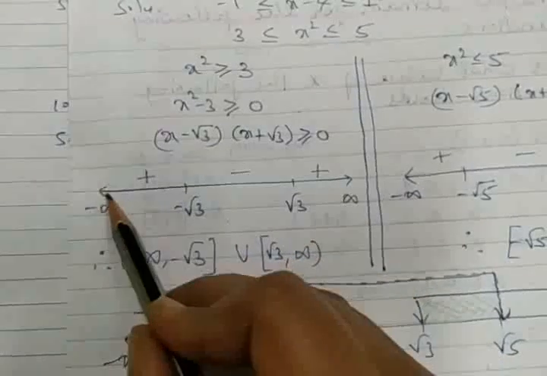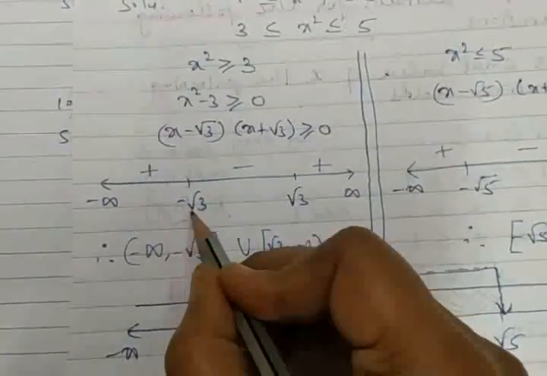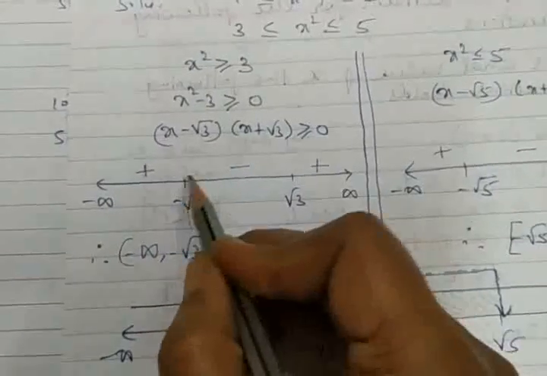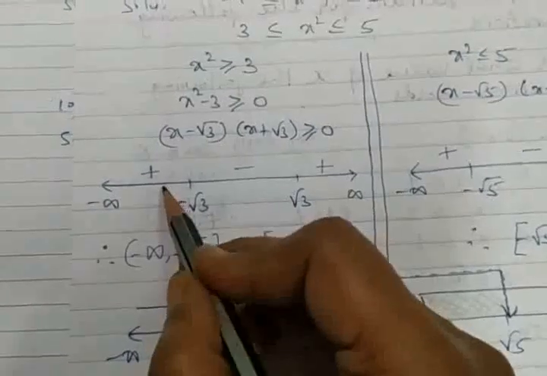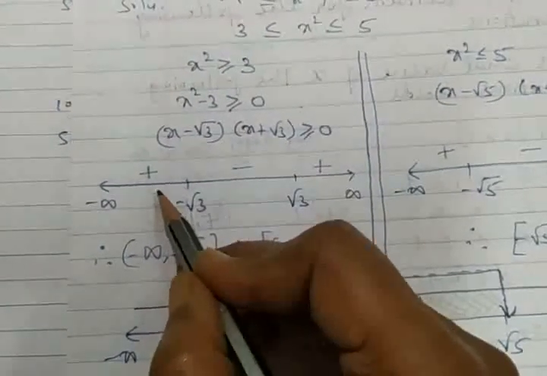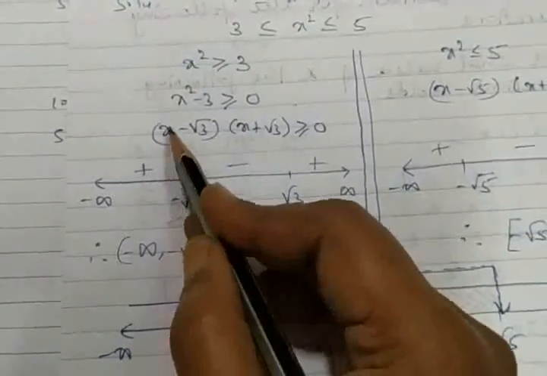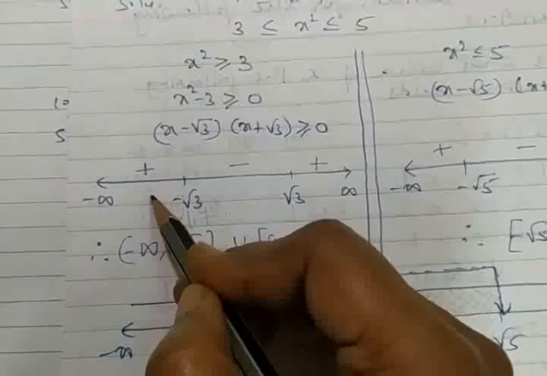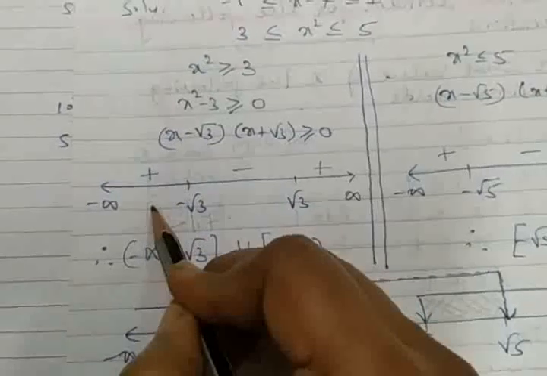Okay, so to understand the same, now between this interval, let me verify. See, minus root 3 you can say is approximately minus 1.7. So lesser than this value, you can take any value. I'm right now taking it as minus 2. Got it? So if I put the x value as minus 2, this point has made me go to the number line, and then I chose this point.